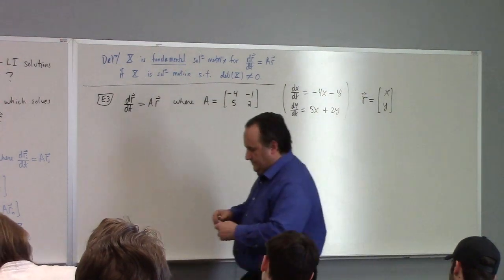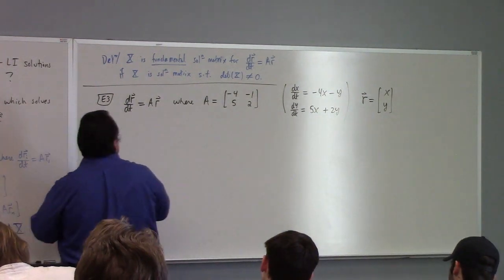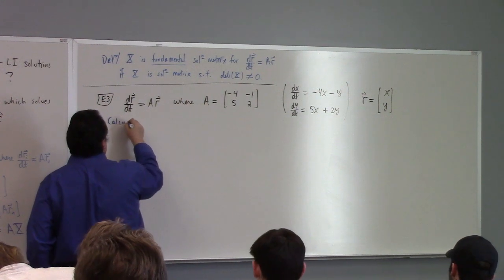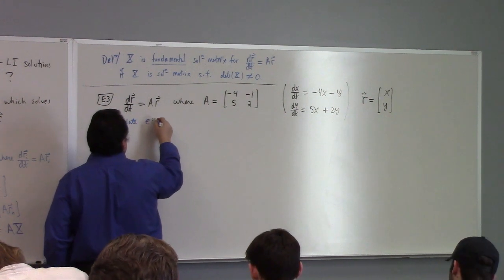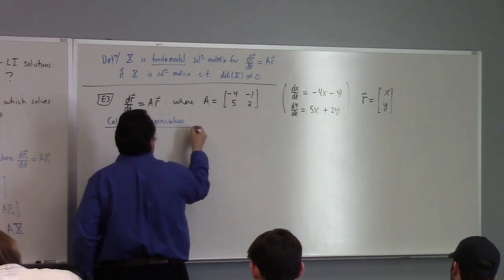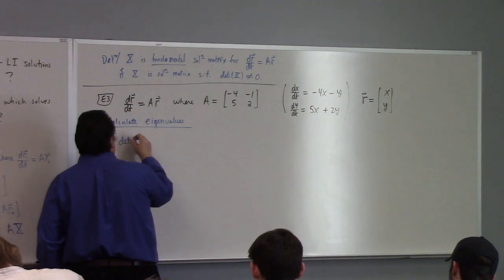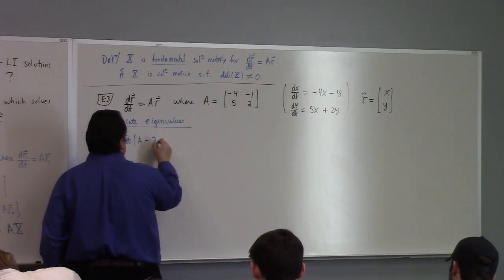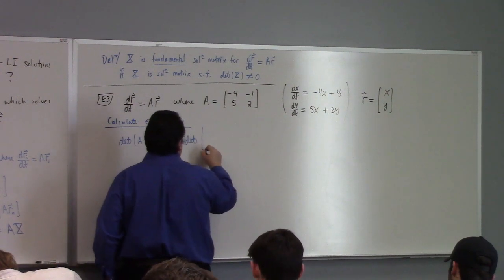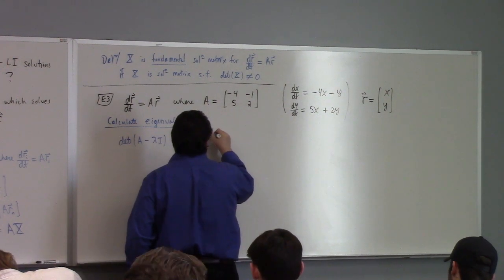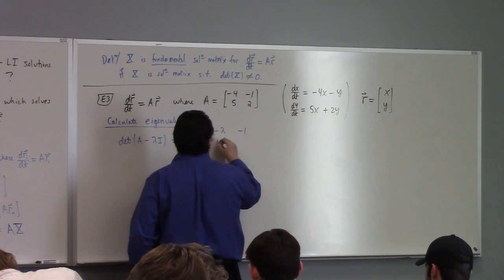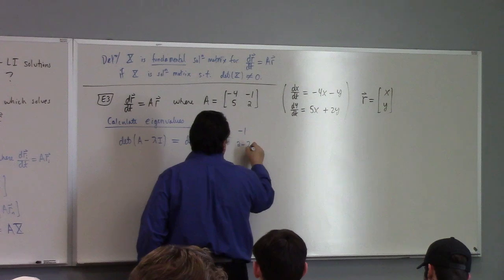All right, so here we go. We first of all calculate eigenvalues. And to do that, we look at the determinant of A minus lambda I. So here, that looks like the determinant of the matrix (-4 - lambda, -1; 5, 2 - lambda).